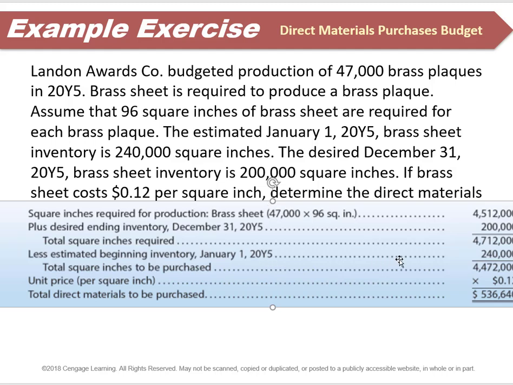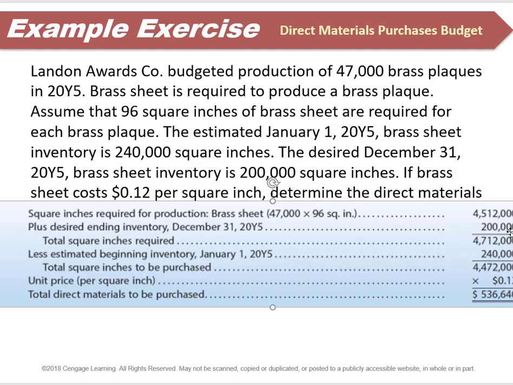So we have the square inches required for production. We're going to produce 47,000. Okay, that's the budgeted production, and we need 96 square inches per plaque, so we need 4,512,000 square inches.